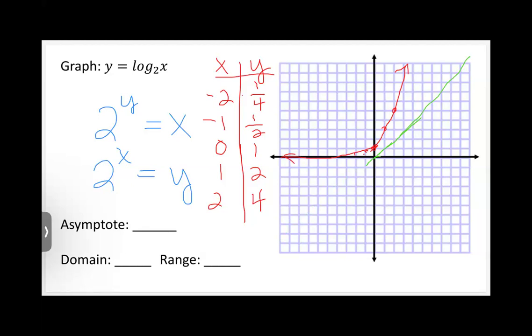It's just going through all of these little crosshairs. So all the x's and the y's are the same. Let me erase this one up here because I didn't do such a good job. So it just goes through all of those little crosshairs. So that's the line that we're reflecting over.